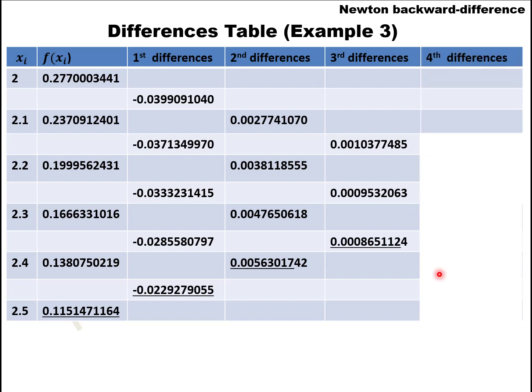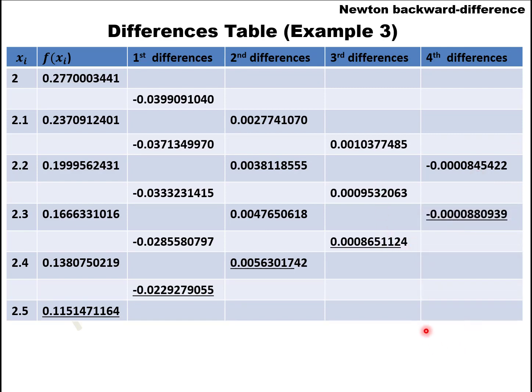Now let's go to the fourth difference. This value minus this value is given by this value. This minus this is given by minus 0.0000880939. And now if you look at this value, this is ∇⁴ f(x5). This is ∇⁴ f(x4).